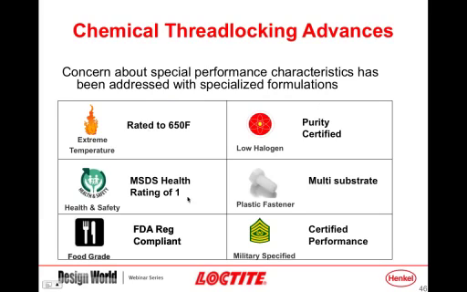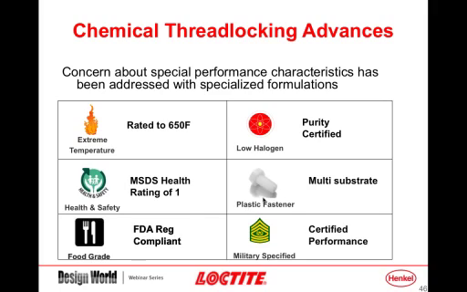I know these are very popular in Europe and have some popularity here, where they are materials that have no skin sensitivity, also no Prop 65 warnings because of the chemicals that are used for making them. Other products that are designed specifically for the food industry, where these are designed with materials that are on the Federal Register. Low halogen, high purity products designed for the power gen industry, the nuclear power gen.